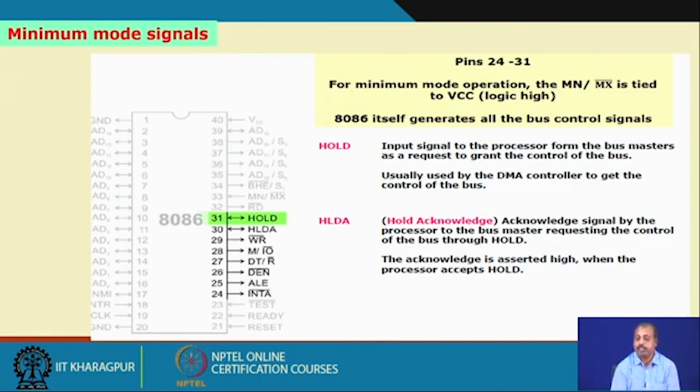So, this hold acknowledge is an acknowledge signal by the processor to the bus master requesting the control of the bus through the hold pin. The acknowledge is asserted high when the processor accepts hold. Accepting hold means it has released the address and data bus controls.